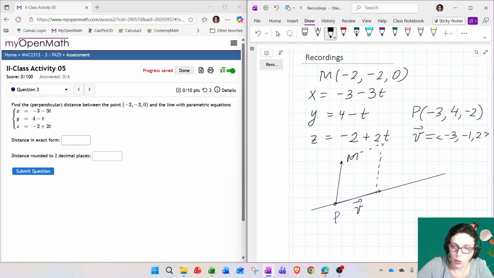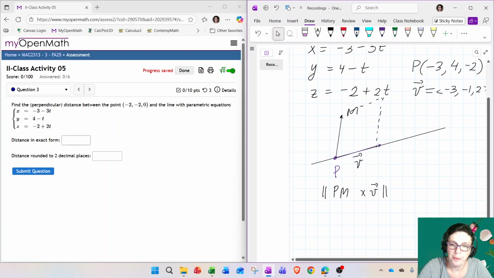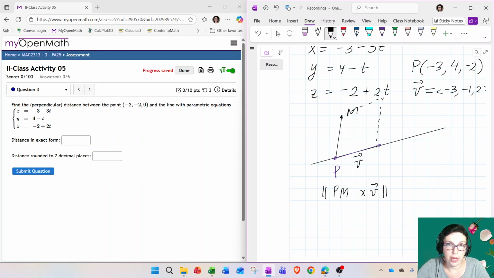You should know that the area of a parallelogram is the magnitude of the cross product of PM and V. That was one of the formulas, where these two sides are adjacent sides of the parallelogram.